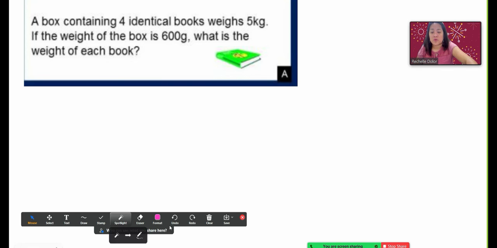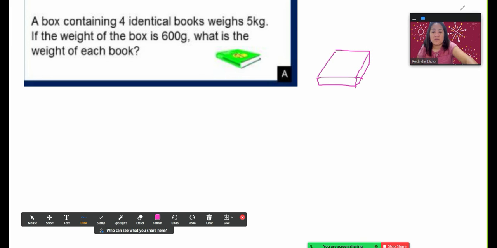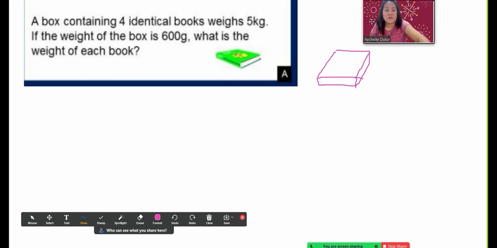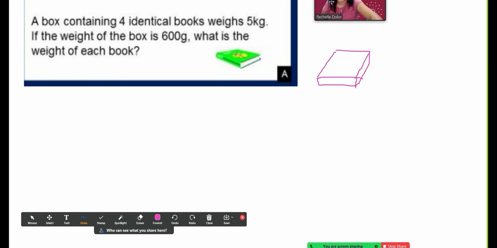So what we need to do is convert. A box containing 4 identical books weighs 5 kilograms.